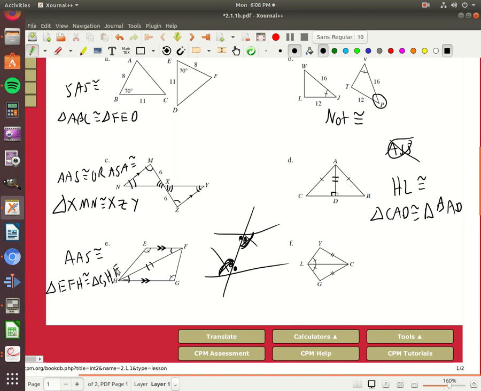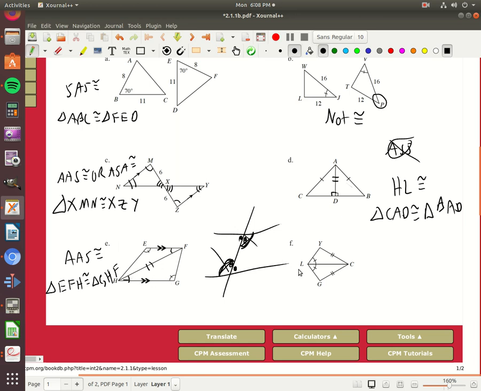So kind of interesting. A lot of times kids think that the H's have to go together in each triangle, but you can see here the F goes with the H and the H goes with the F. This F goes with this H, and this F goes with this H. So kind of some interesting stuff going on here.